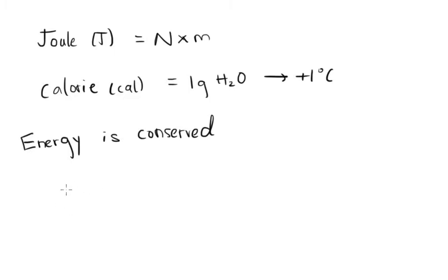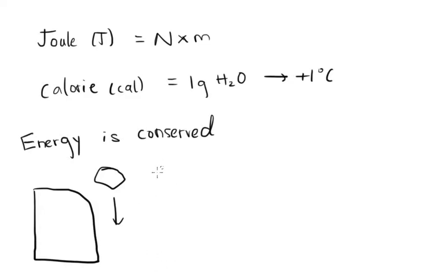So the way I like to look at this is actually from a physics standpoint. So let's say this is like a cliff, and you have like a rock or something like that, and you're dropping it. It's just going down. Initially, all the energy it'll have here is potential energy, mgh.